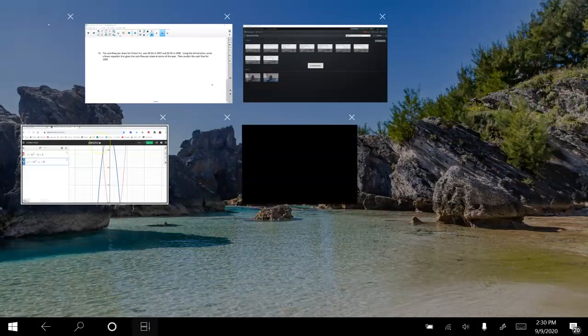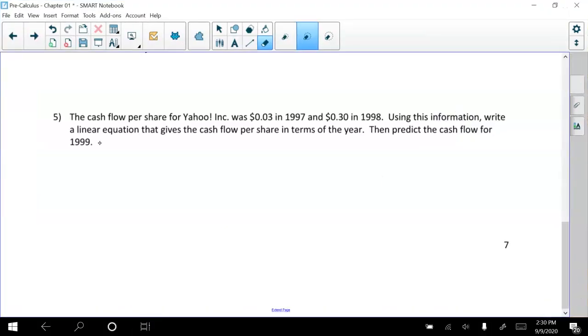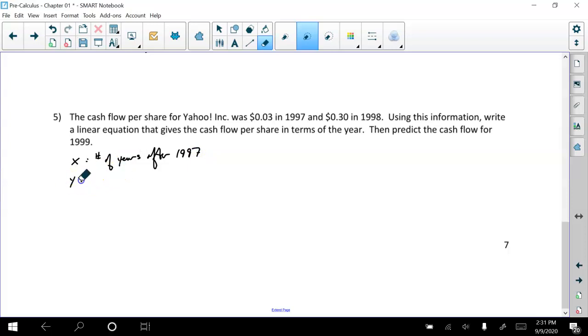Let's say that X equals the number of years after 1997, and Y is the cash flow per share, just the cash flow for short.